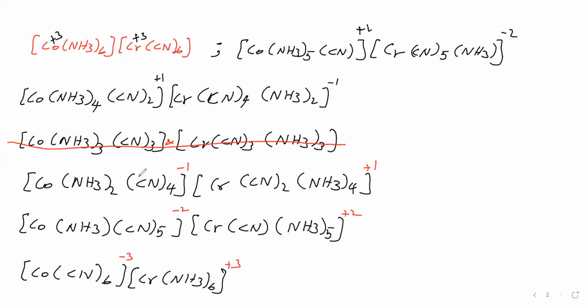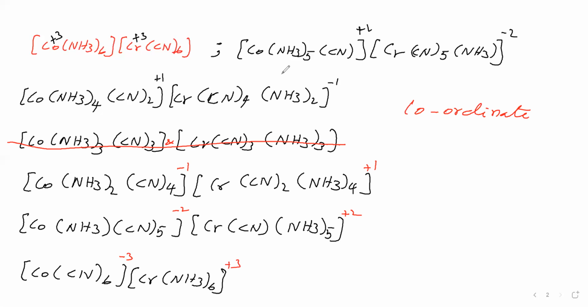Now, we are getting these by interchanging ligands. Therefore, these are called coordinate isomers. So, how to get coordinate isomers? What is the condition? We have to take a complex compound in which cation must be complex and anion also must be complex.